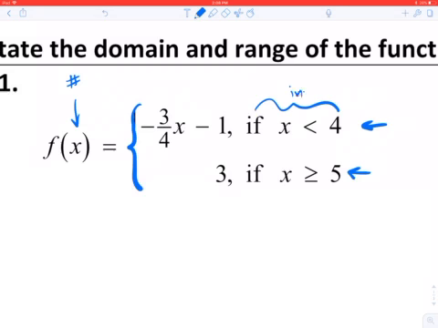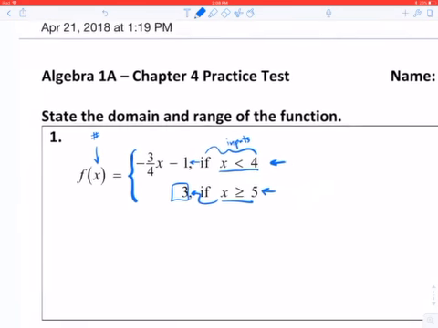So these here are like my inputs, and depending on whether my inputs are, in this case, less than or equal to 4, I would use this equation. If I get any input that's 5 or greater, then I use this equation. And if it's just an actual number, then that is just going to be a horizontal line, and those are actually pretty nice to work with.